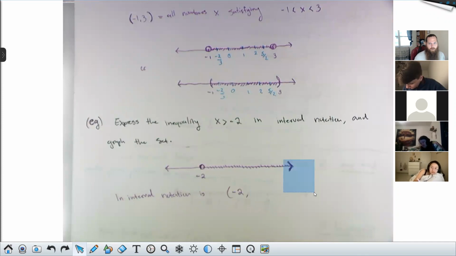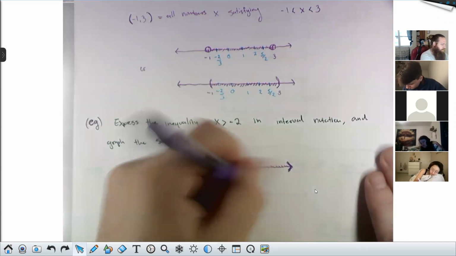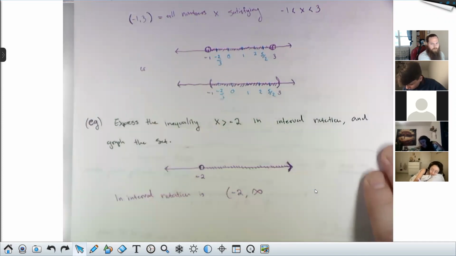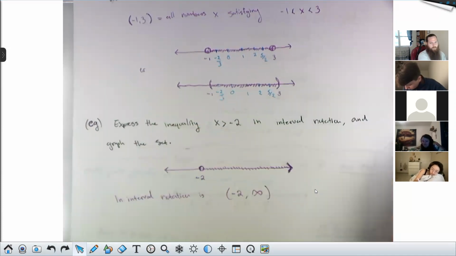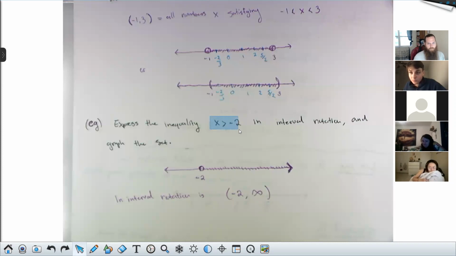So over here we put a plus infinity, or just infinity. And we always use the parentheses symbol with the infinity symbol because infinity is not a real number. You can't actually get there. The name for that infinity symbol, in case anybody is curious, that's a lemniscate. So I would say in interval notation, the solution to this inequality is the open interval from -2 to infinity.